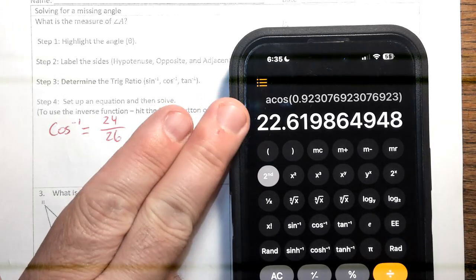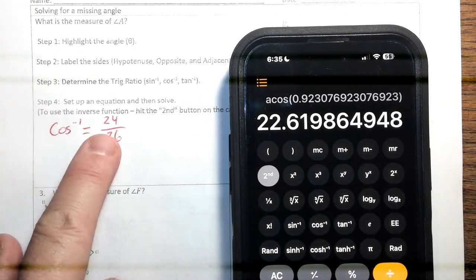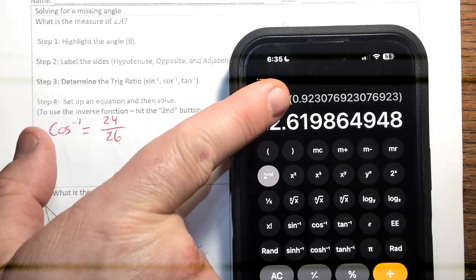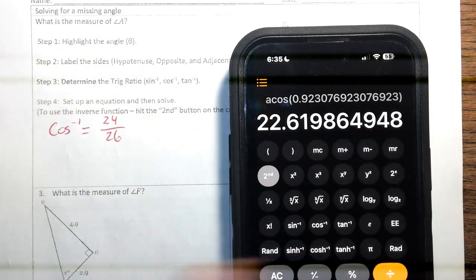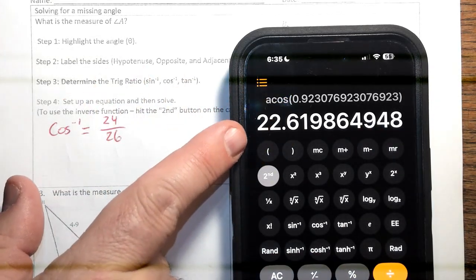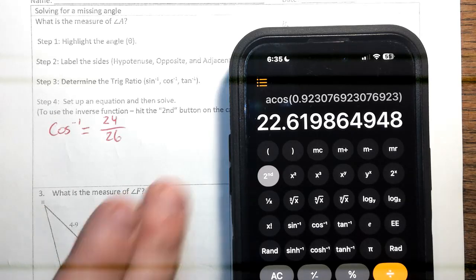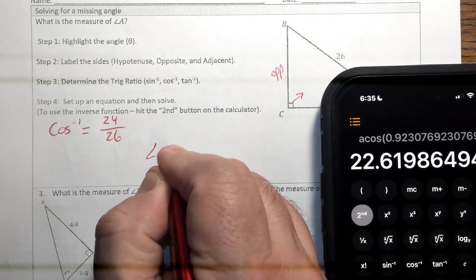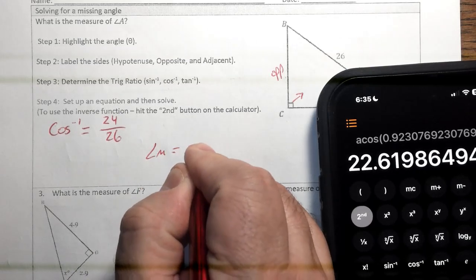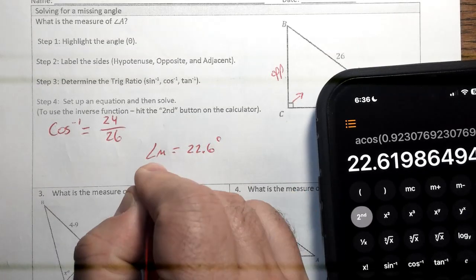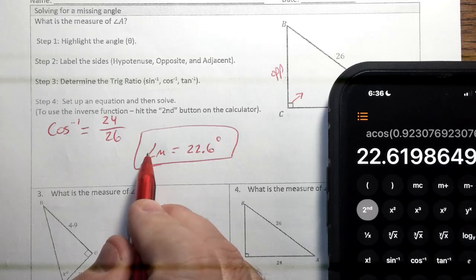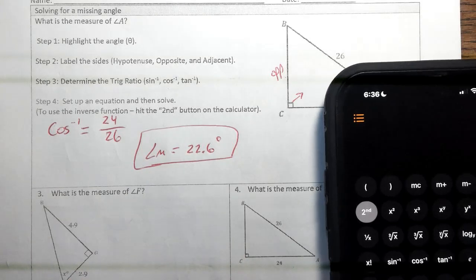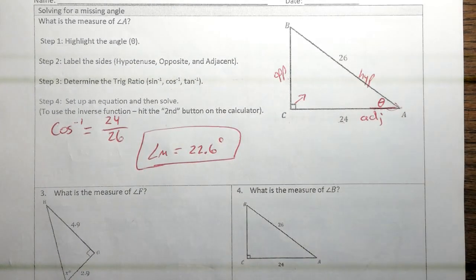So when we do the inverse cosine of 24 divided by 26, which is 0.9307, blah, blah, blah, this tells us that this angle is 22.6 degrees. So the measure of angle A is 22.6 degrees. Or you could have written the measure of angle theta. Either way, both are correct.